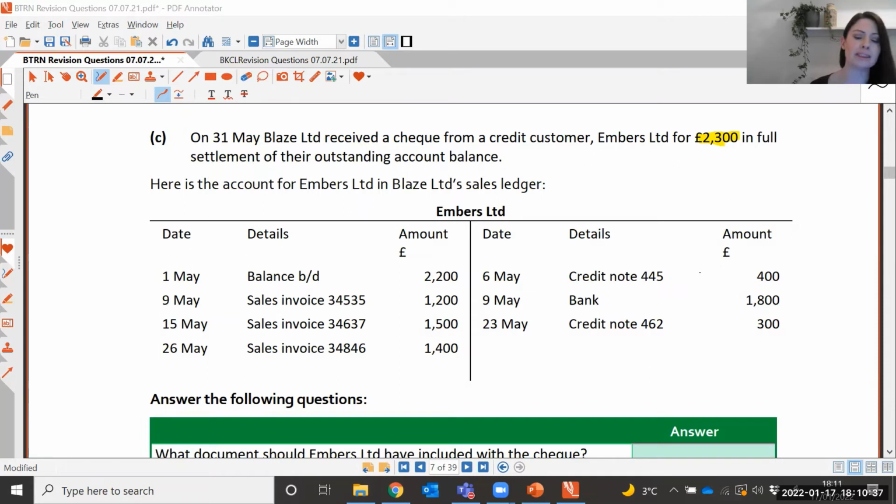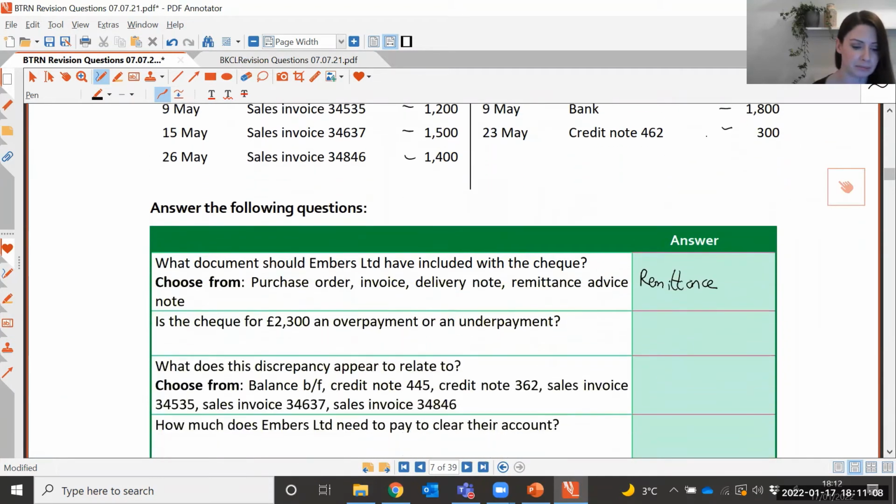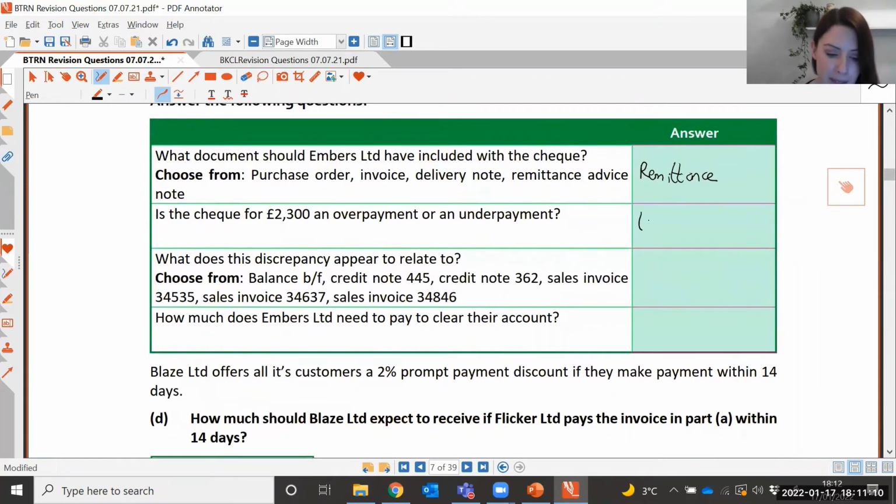So Embers Limited owes us £3,800, and if anyone's unsure on how to get to that amount, all you'd do is you would go through, you would total up the debits and deduct the credits. Yeah, good. And so it's an underpayment, because really the cheque should have been for 3,800, but they've only sent one for £2,300. So it's an underpayment.